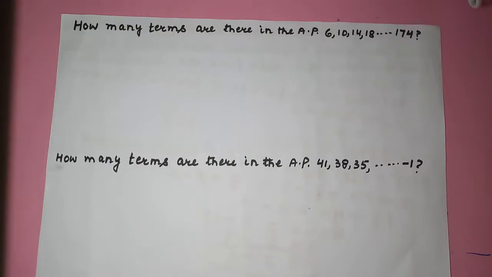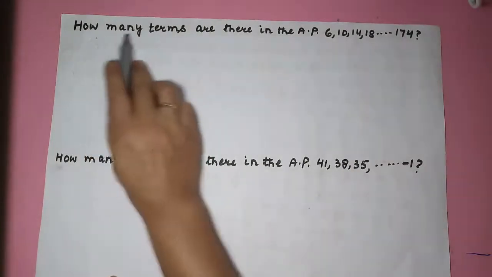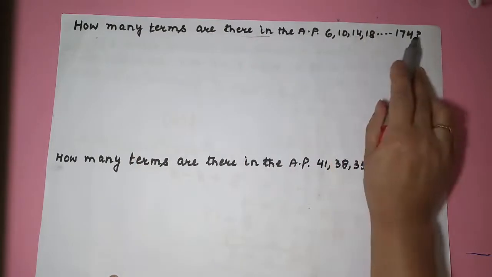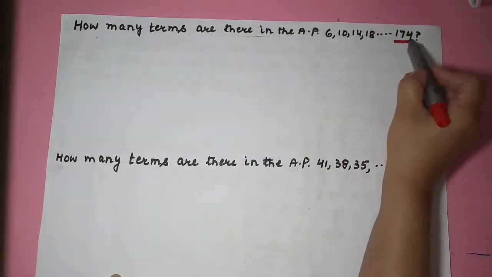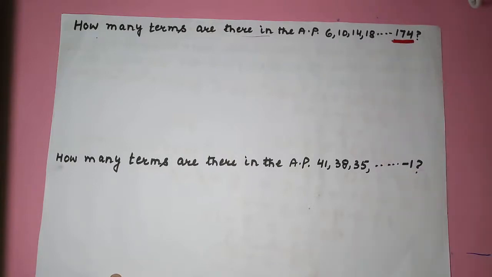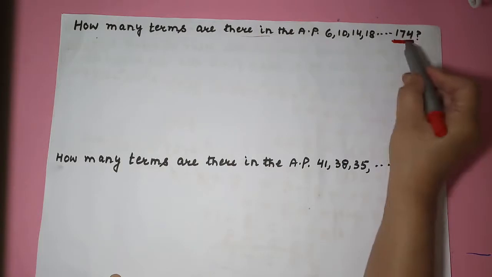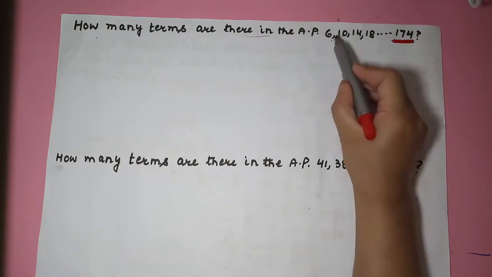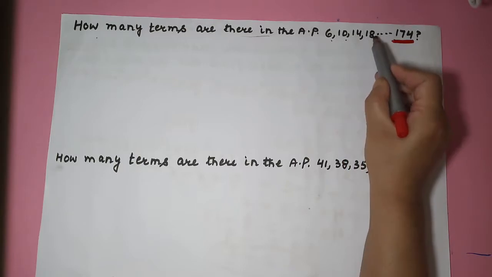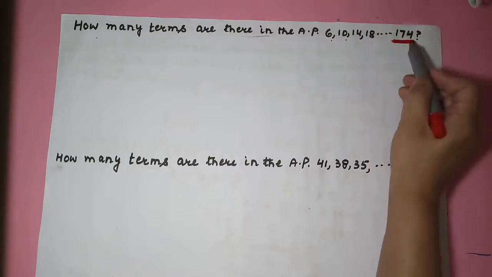After that, he wants me to calculate how many terms are there in this AP. Right? Now, the last term of this AP is given. He has limited the series up to 174: 6, 10, 14, 18, up to 174.